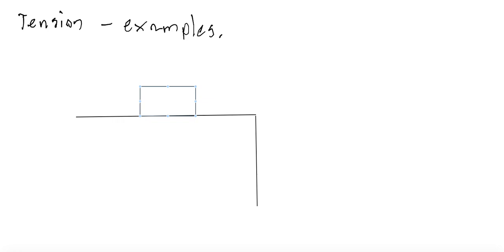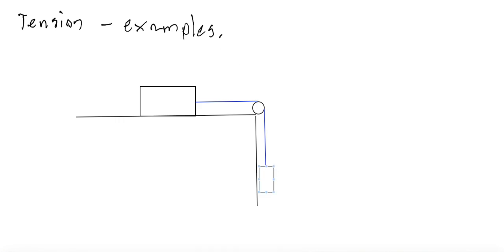Okay, and this box is connected via a string, the string will be blue, with another object which hangs freely here. Masses are known, color, it will be black. Masses of the objects are known.